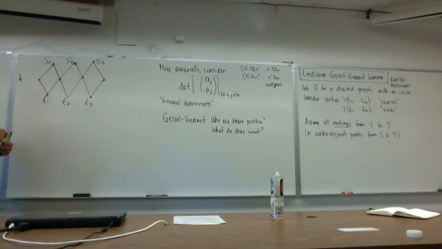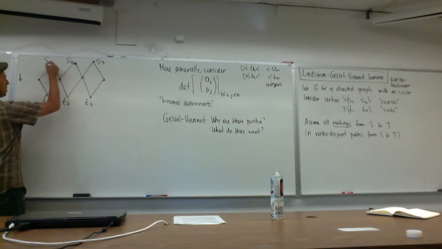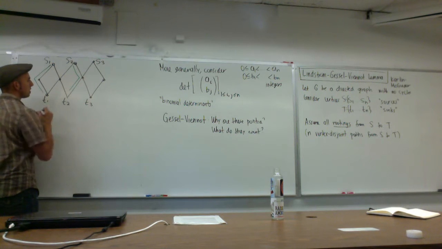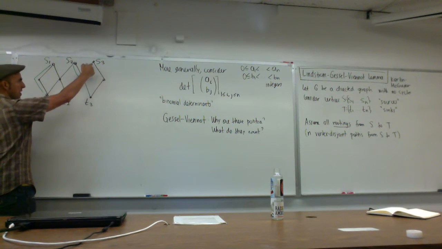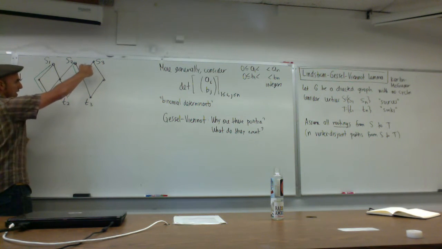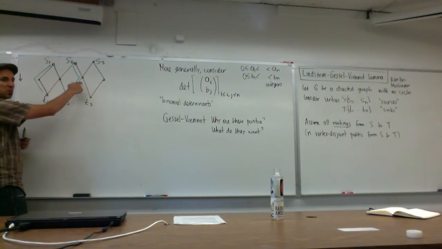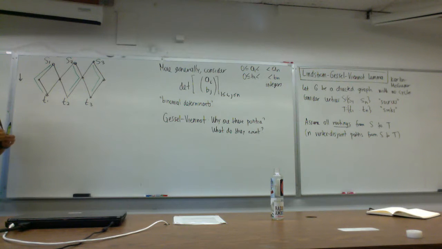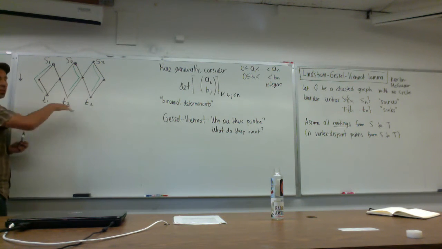The routings have to go in the direction of the edges of the graph. So I might take, for example, S1 over here, S2 over here, and now from here, I have to make sure not to hit this guy because I would be hitting that vertex, so I have to go this way. And so this is an example of a routing from S to T. Okay.